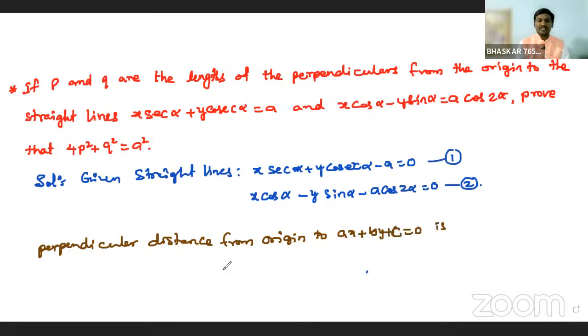The formula is d is equal to mod of ax1 plus by1 plus c divided by root of a square plus b square. That is the normal perpendicular distance formula.